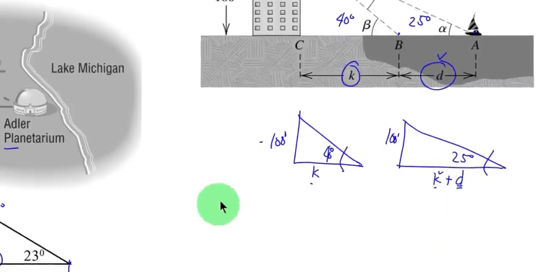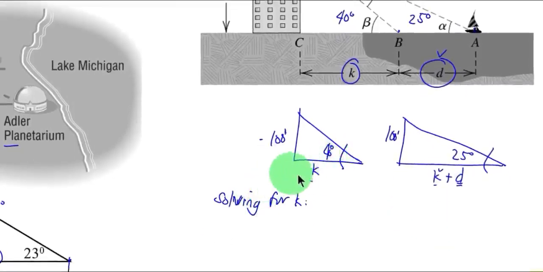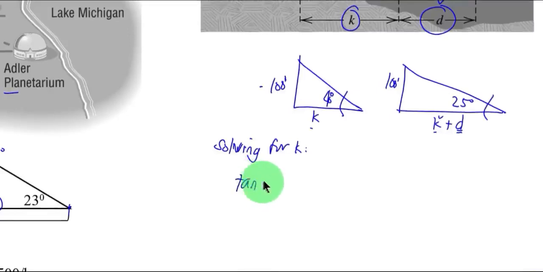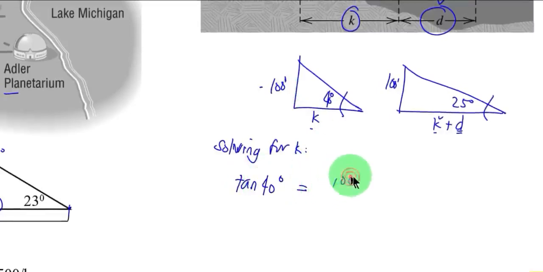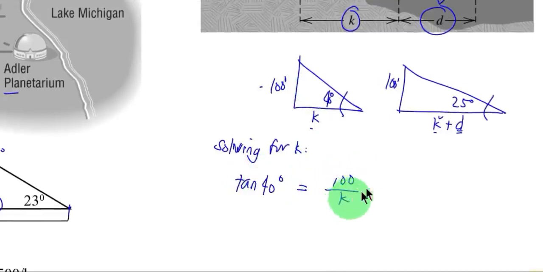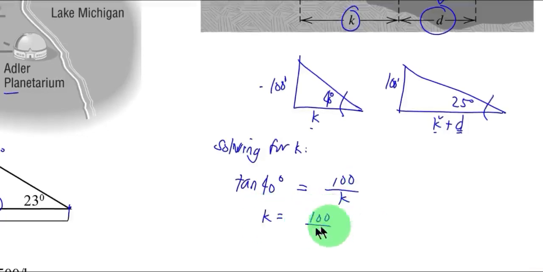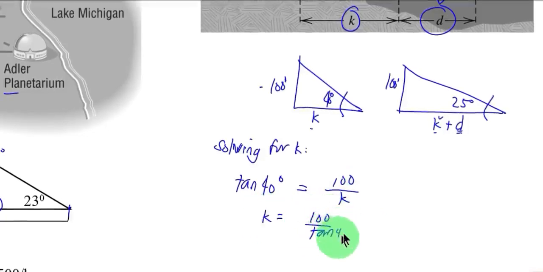Solving for K, K can be solved from our first triangle here. Again, tangent. Tangent of 40 degrees equals opposite over adjacent, so that is your 100 feet over your K. So your K here is 100 over tangent of 40 degrees.